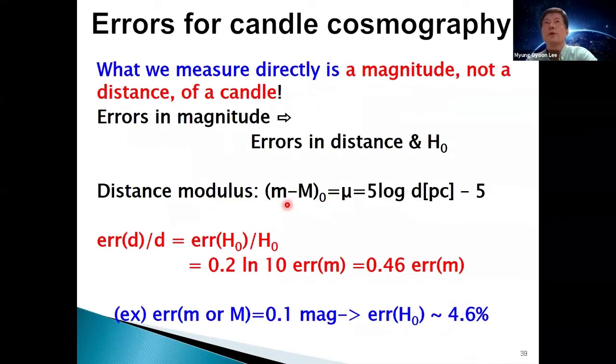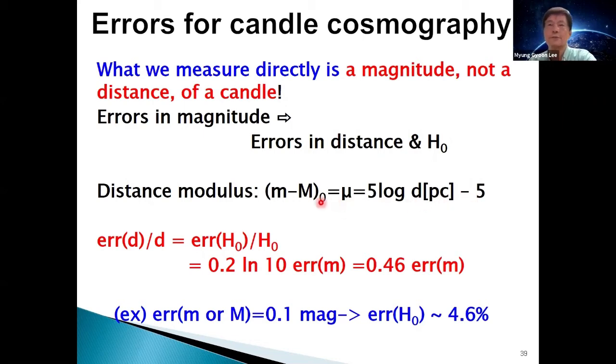But one thing we need to know is the errors for standard candle cosmography. We would like to know D and V. However, we cannot measure distance directly. What we can measure directly is only the magnitude of a candle. So the errors in magnitude lead to errors in distance and H0. Astronomers use the distance modulus, which is defined as m minus M, or mu, equal to 5 times the logarithm of distance minus 5.